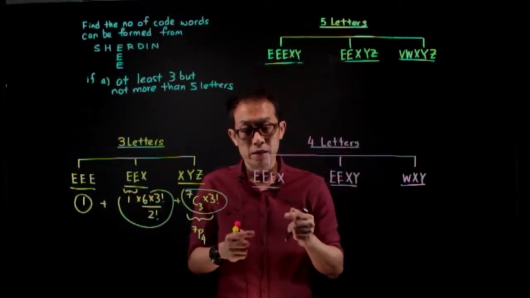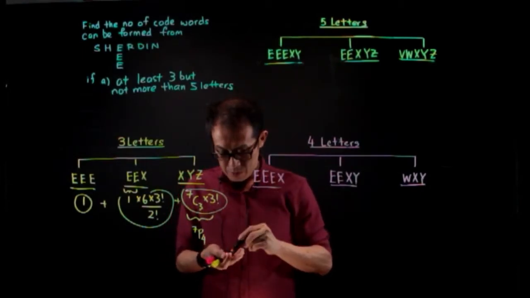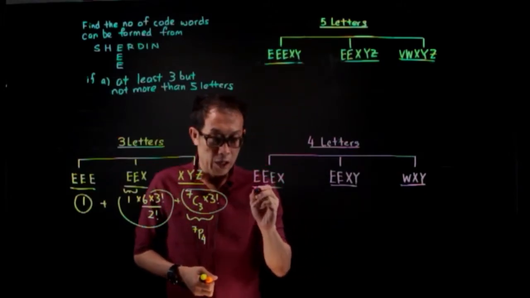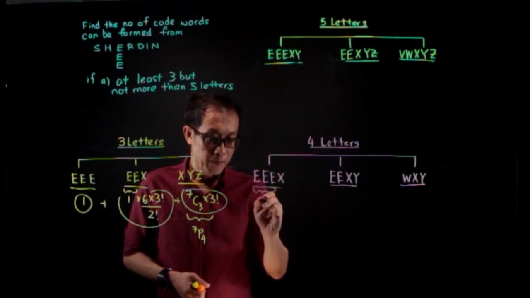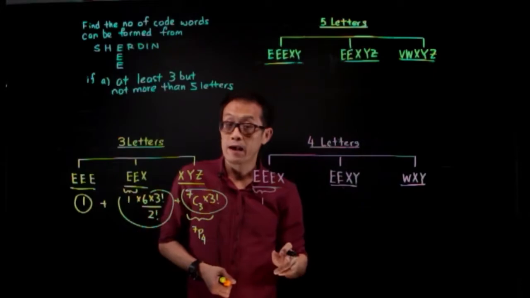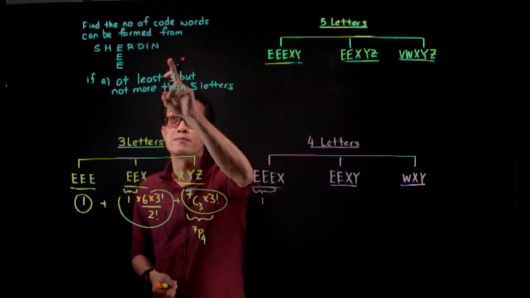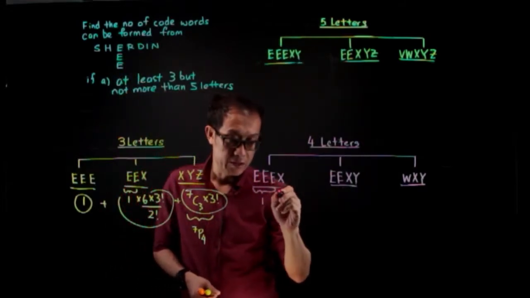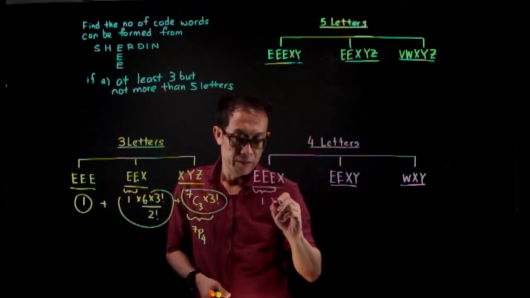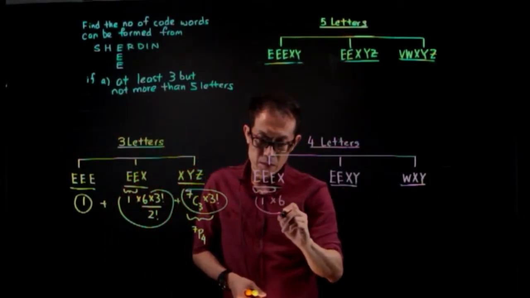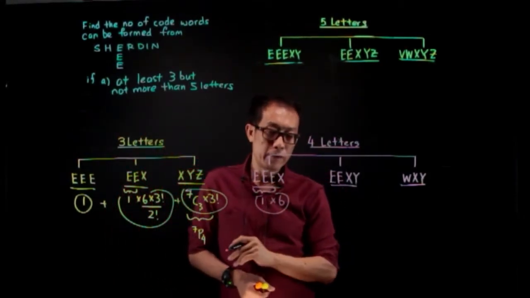Now let's look at the other option where 4 letters are to be used. So case 1, 3 E's are being used. For 3 E's, you have only 1 way. And for this one, you can use any of the letters but not E, so there will be 6 different letters to choose from. Now how about this case?